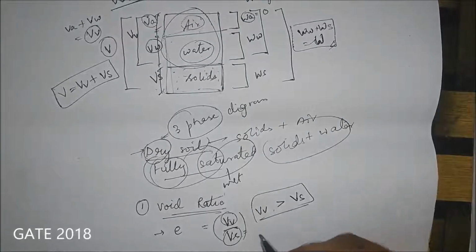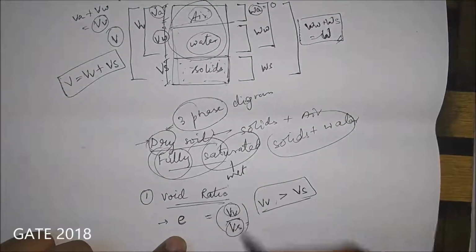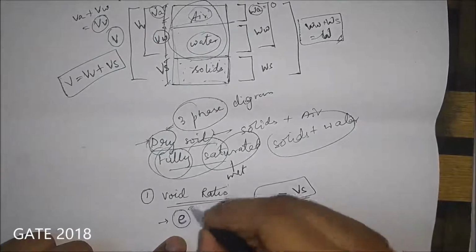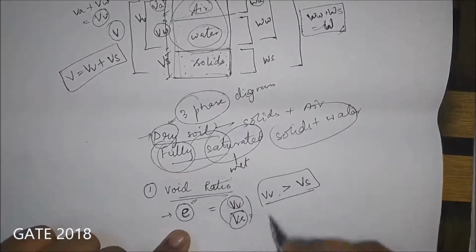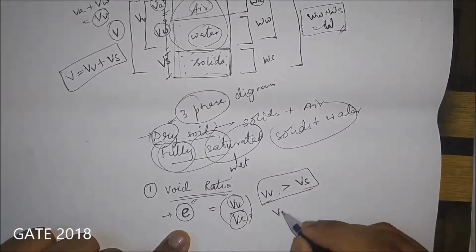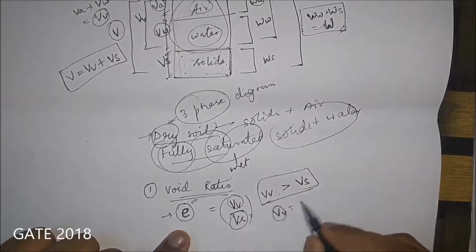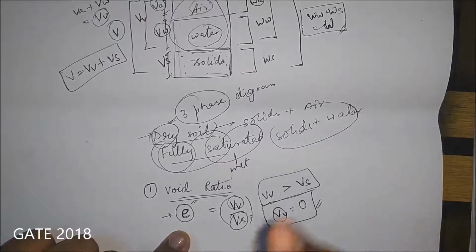Okay, void ratio is expressed as VV by VS and is given a symbol E, small e. Now, practically speaking, there is no soil which has volume of void equals to 0, like voidless soil. There is nothing like that as such.